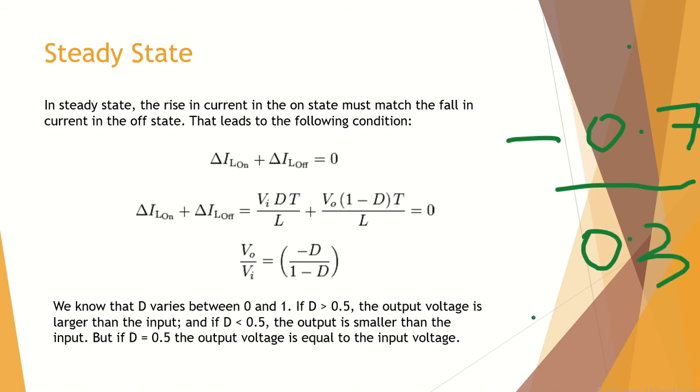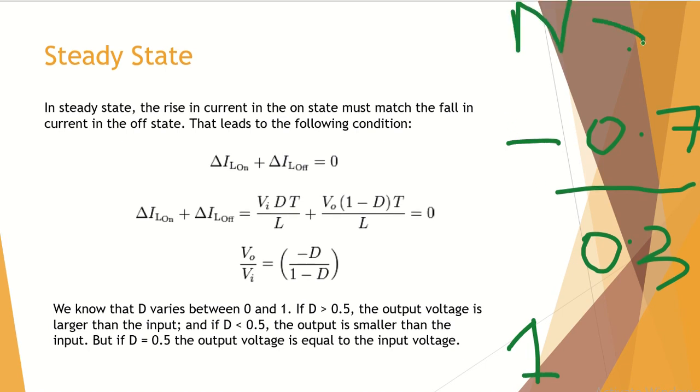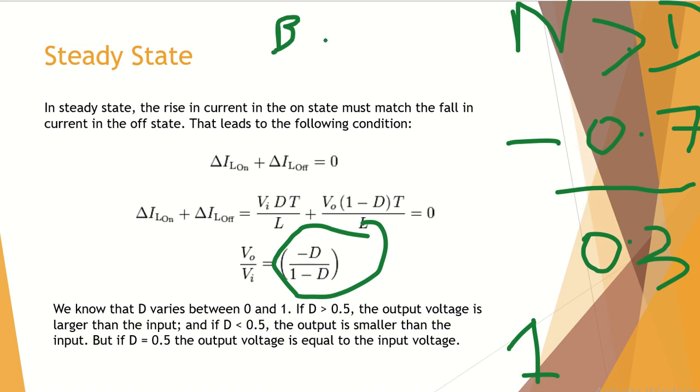So the numerator is greater than the denominator, and this expression will be more than 1. So it is a boost converter. So depending upon the duty cycle, we can have either a buck converter or a boost converter.